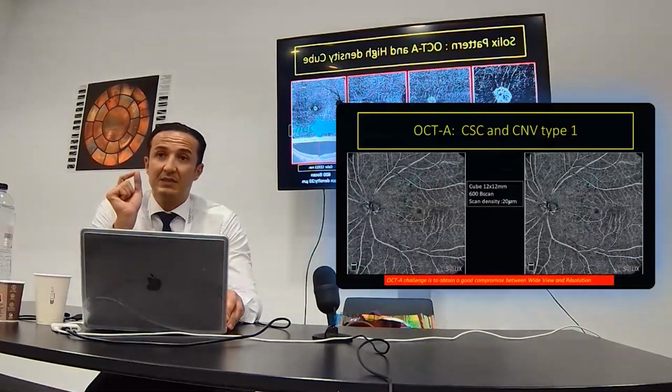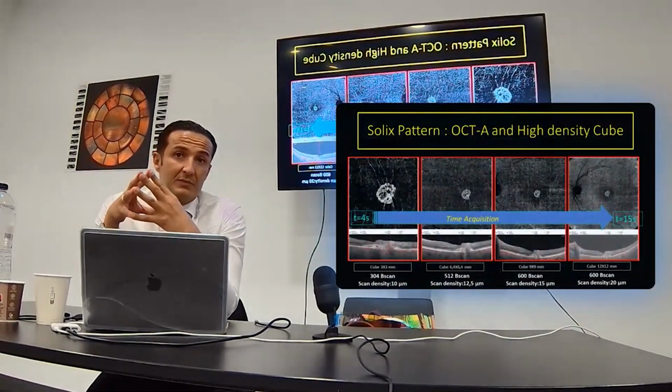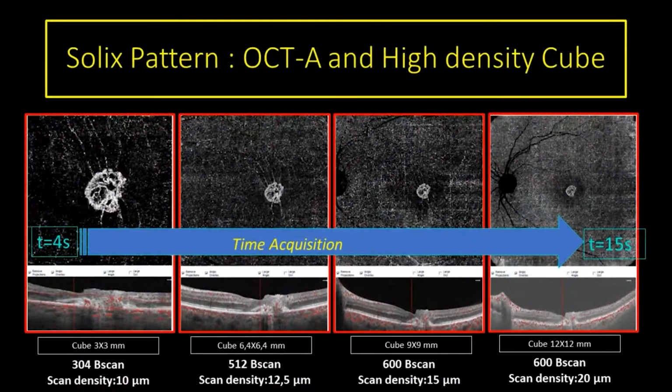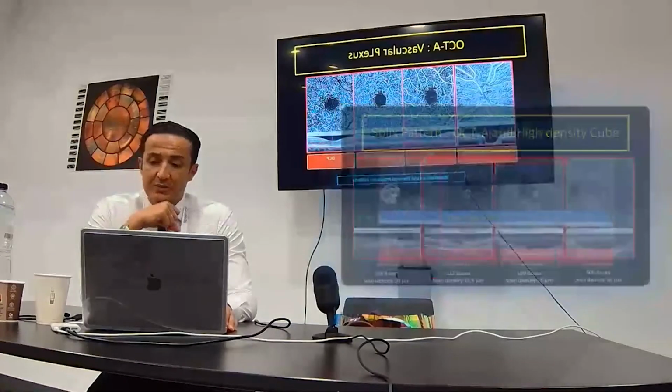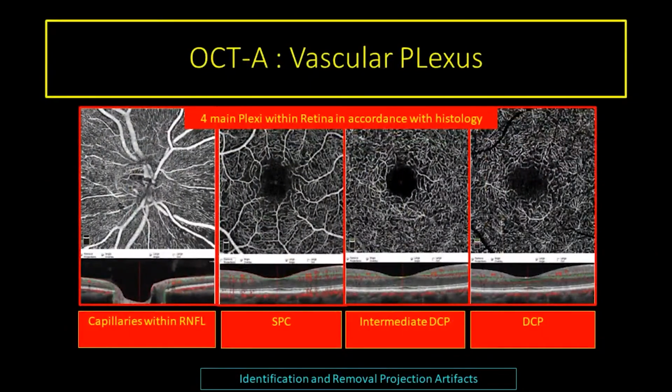And the specificity of OCTA for Octoview is the SADA algorithm, providing a very good contrast between the correlation signal and the background. And you can highlight the identification of the vascular plexus, capillaries within the RNFL, superficial plexus, intermediate and deep plexus capillaries, with a very high definition according to the histology.